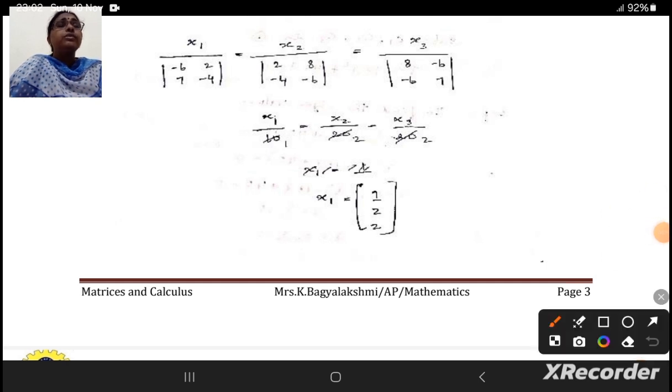Writing all the values and cancelling the common term, we get X1 equal to (1, 2, 2). So we got the first eigenvector.